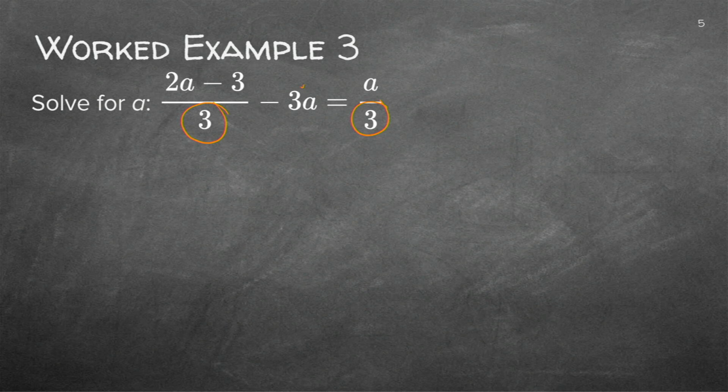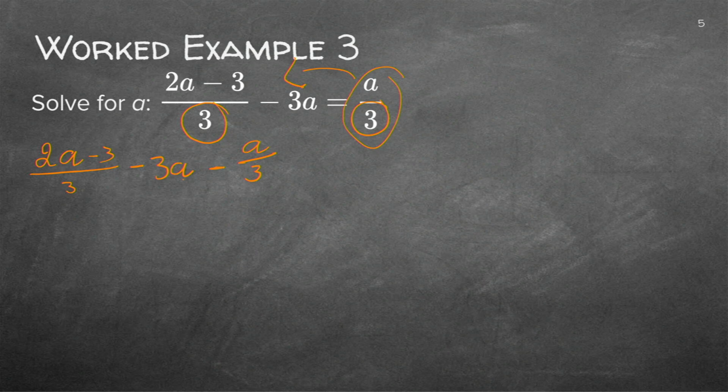It means I can simply say this is (2a minus 3) over 3 minus 3a, minus 3a, and now you had a over 3 initially, so if it jumps to the other side it should be negative, so this is minus a over 3.